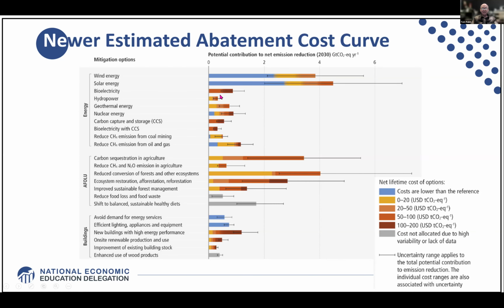They're also saying that with bioelectricity, you will pay more for it. And we're finding that's true in a lot of cases, et cetera, et cetera. And I won't go over all of these.